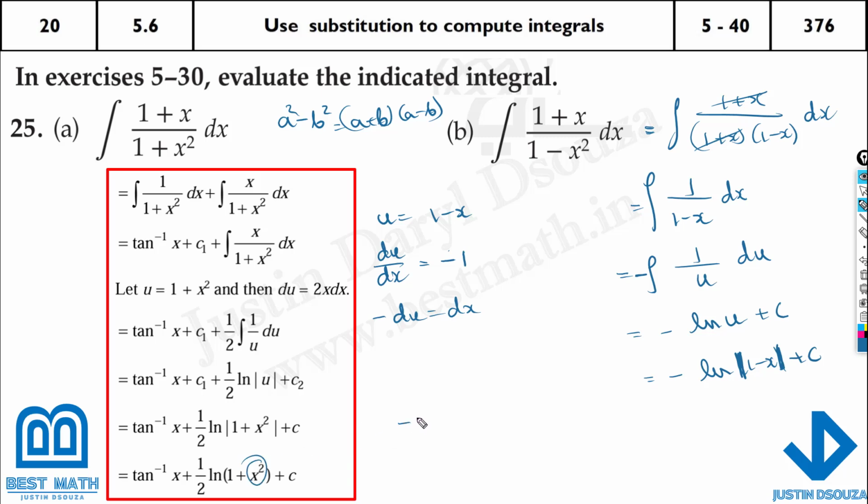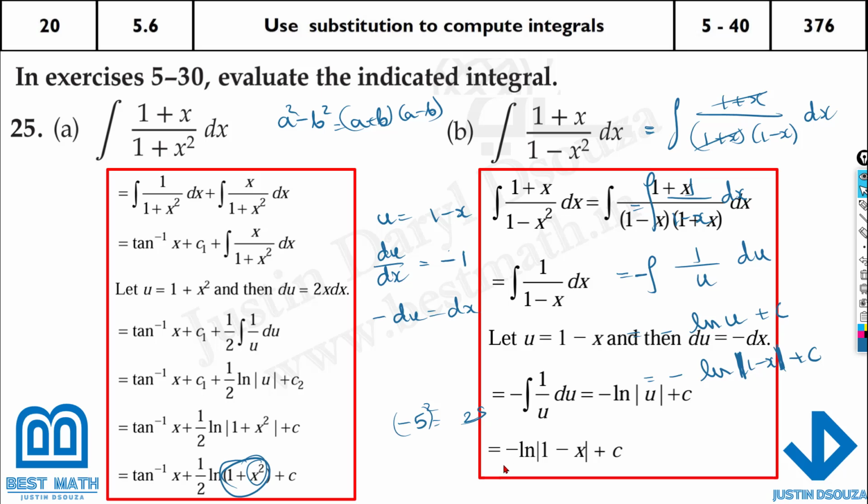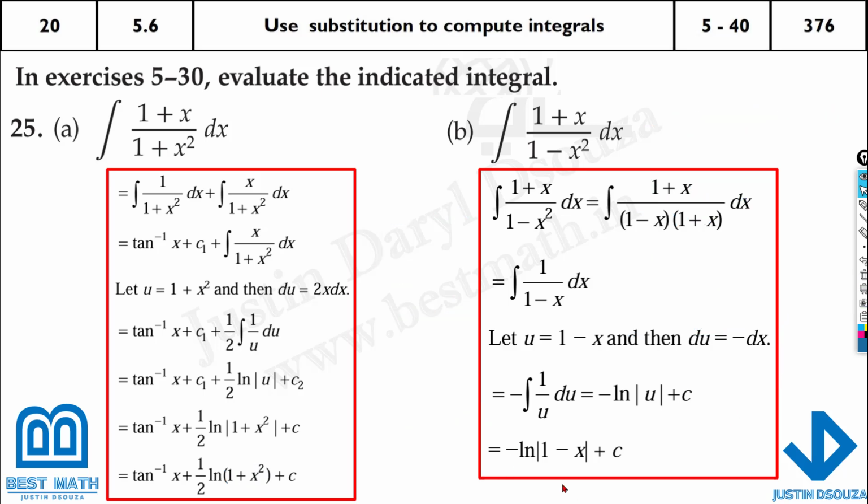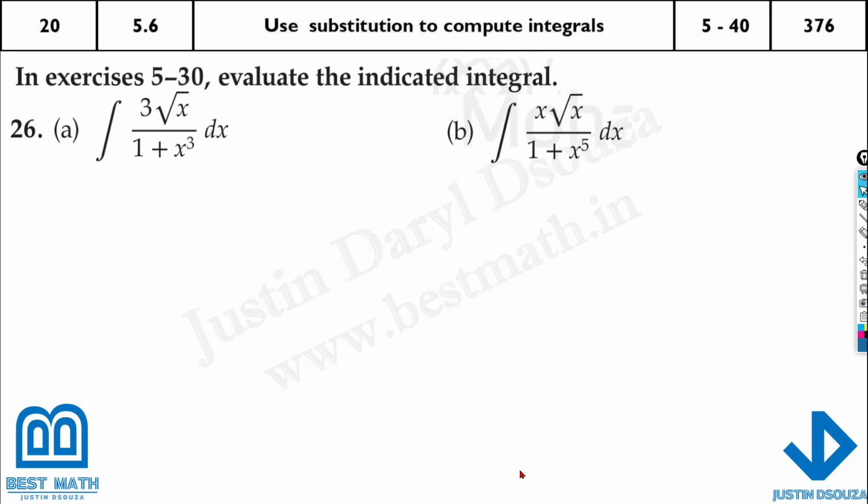No matter what, if you take a minus value, minus 5, squared will be 25. So it will be 25 plus 1. If x is minus 5 or plus 5, negative or positive, the answer is going to be positive only. Not in this case. So that's why we write the absolute value or the modulus. So it's minus, yeah, that's the correct answer.